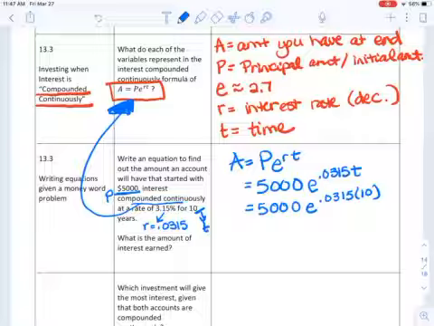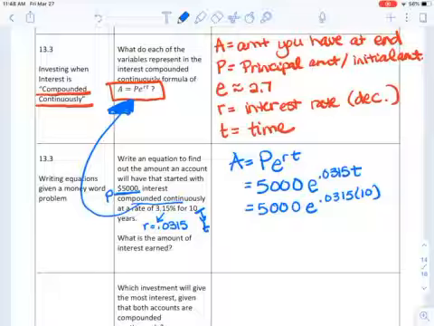So what's on my screen right now is actually a number. If you have your graphing calculator, you can plug it in all like that, hit enter, it should give it to you. If I just use my little regular calculator, I would put in e to the 0.0315 times 10 power first.